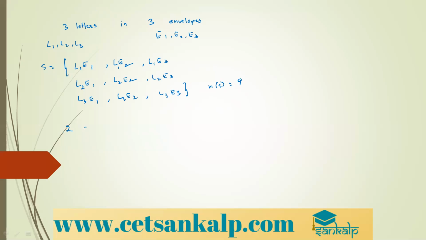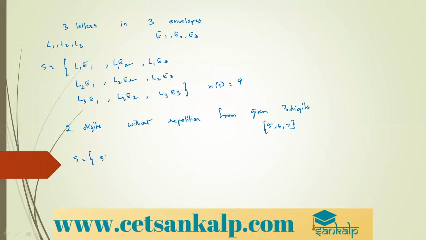Similarly, making 2 digits without repetition from given 3 digits. These are different cases. Suppose you are given 5, 6, 7, these 3 digits, and you have to make 2-digit numbers.